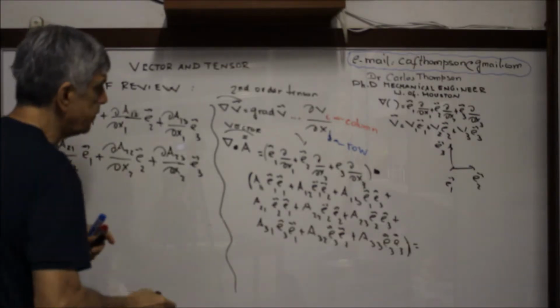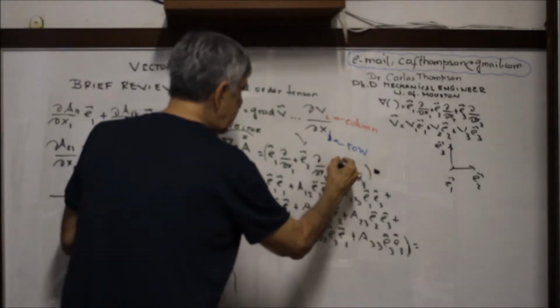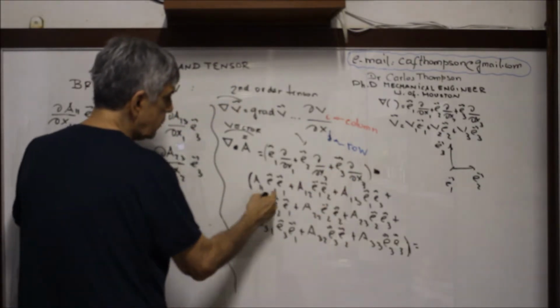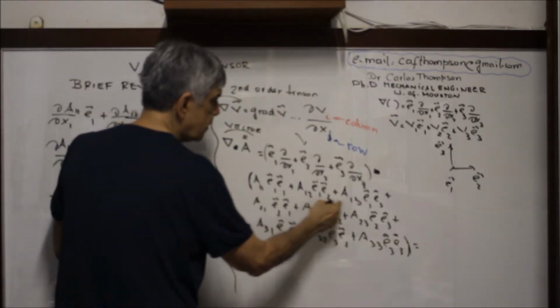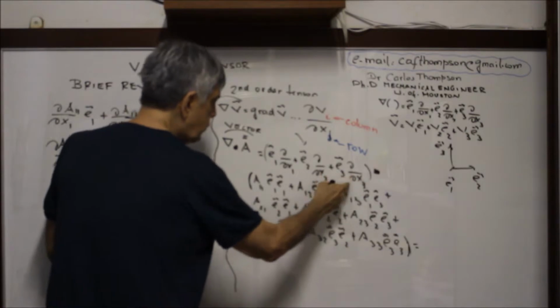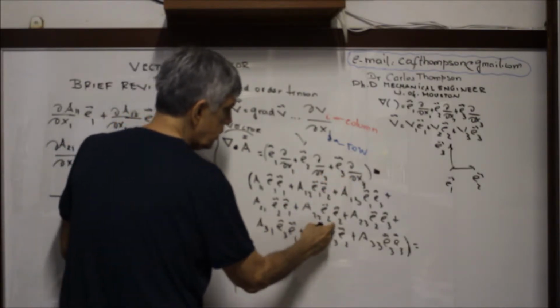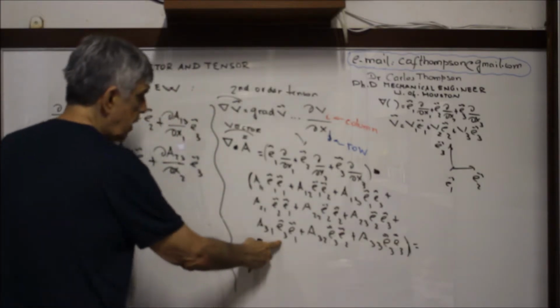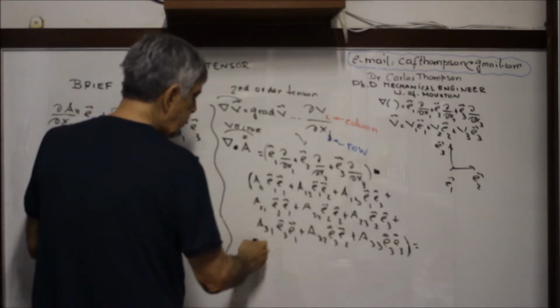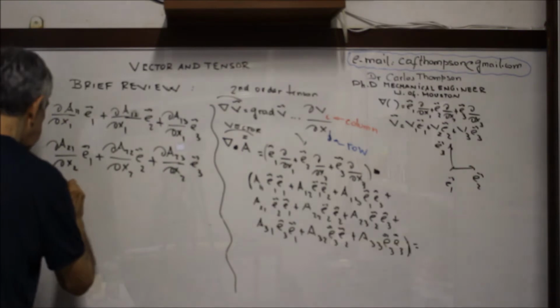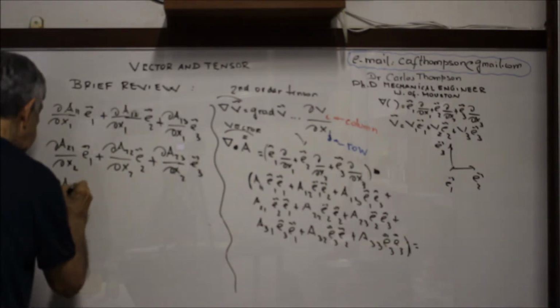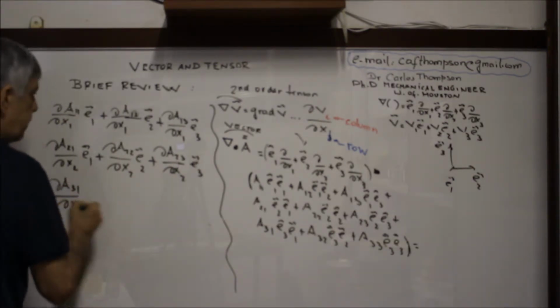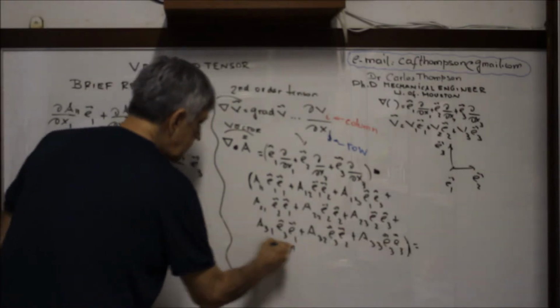But let's do it. E3 dot E1 is 0, E3 dot E2 is 0. So E3 dot E3: this is partial of A31 with respect to X3. What was left? U1.